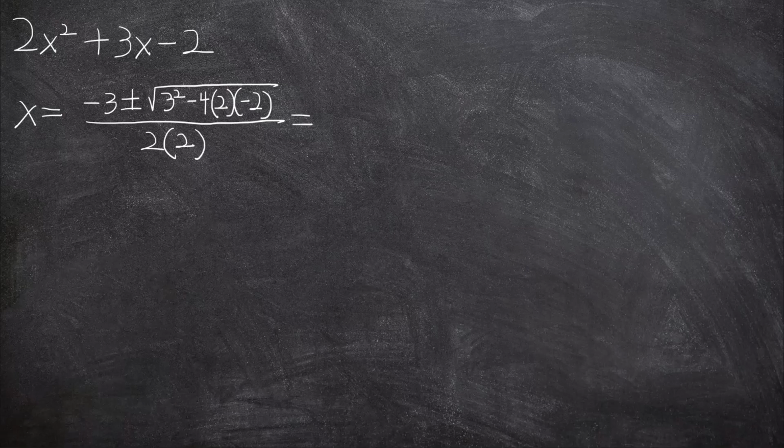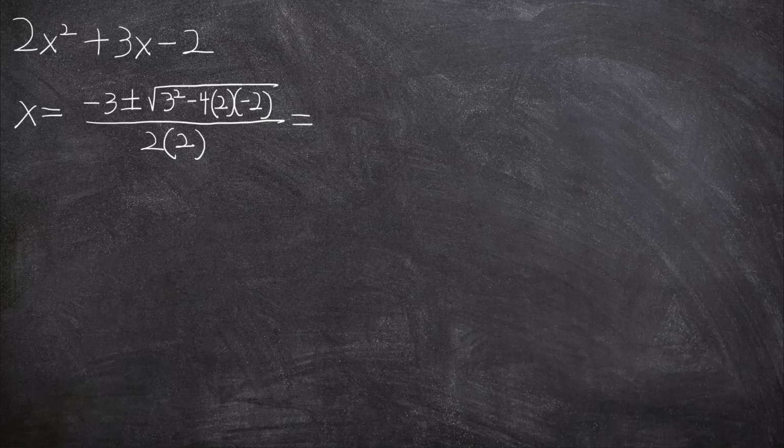Okay, so let's perform the math here. 3 squared, 9. 4 times 2, 8. 8 times negative 2, negative 16. But we have a minus sign, meaning it would become positive. And 2 times 2 is 4.